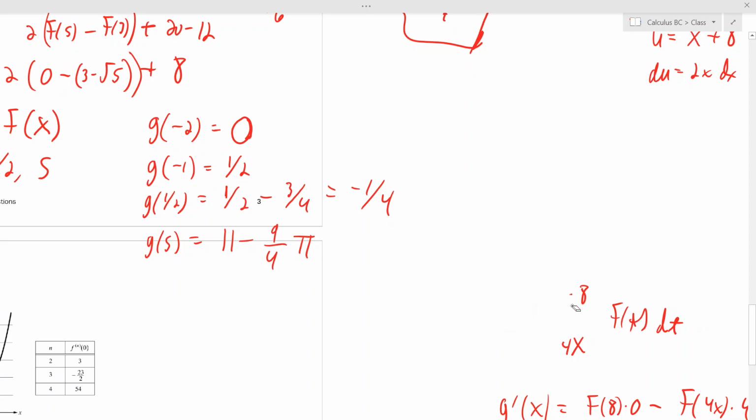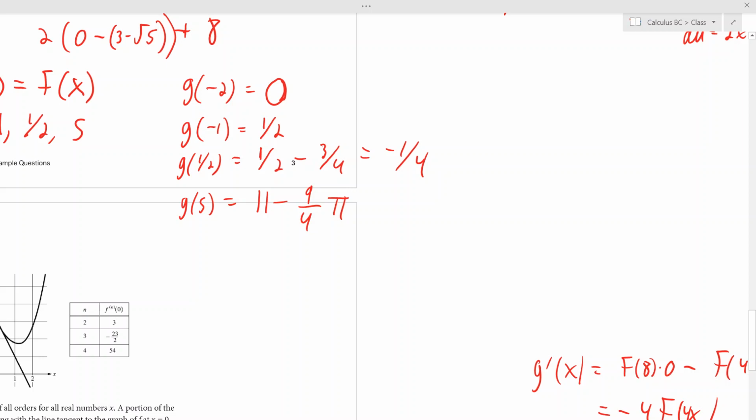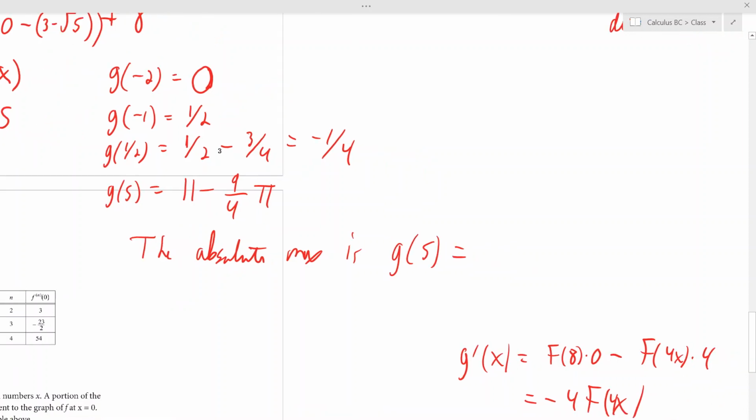And maybe it's kind of hard to tell because you got the pi in there, but the max in this case is 11 minus 9/4 pi. So write a sentence explaining that, right? That's the biggest one of them. So you're right. The absolute max is, and look, say what x value, g of 5, and then say what the y value is. Okay.